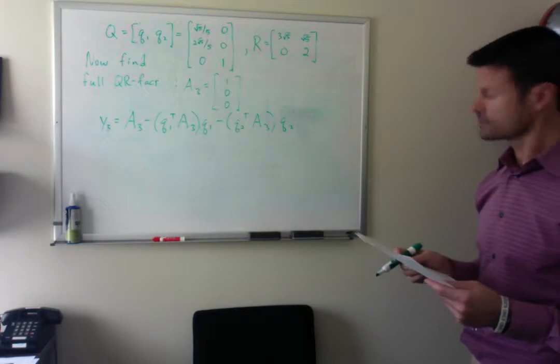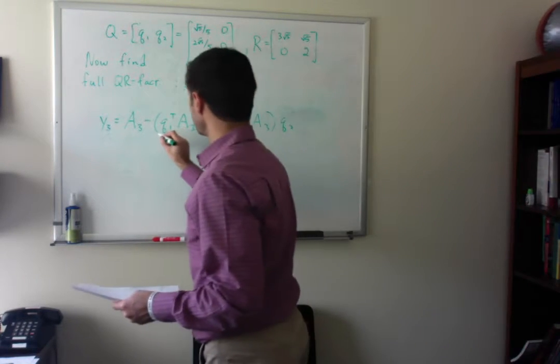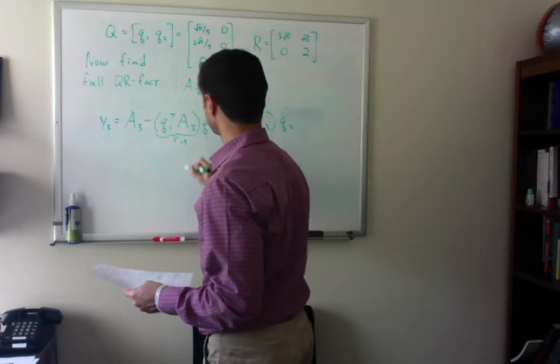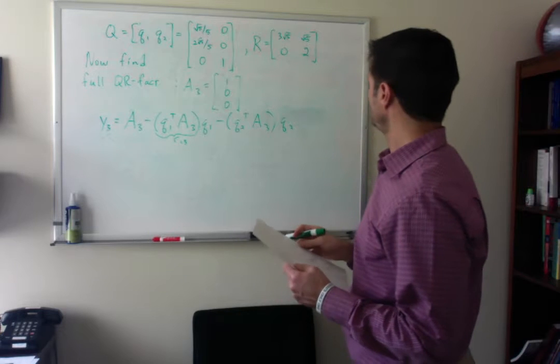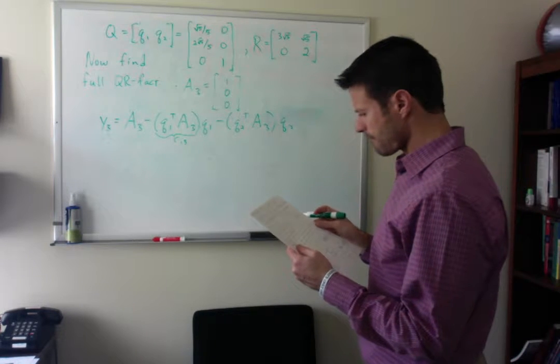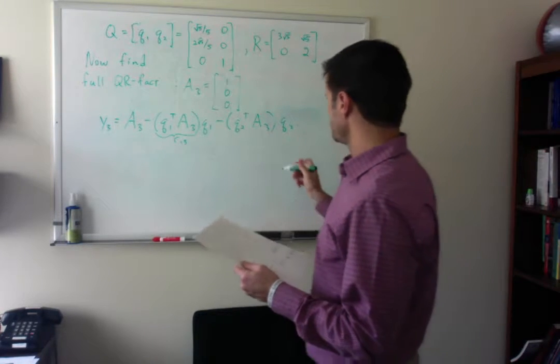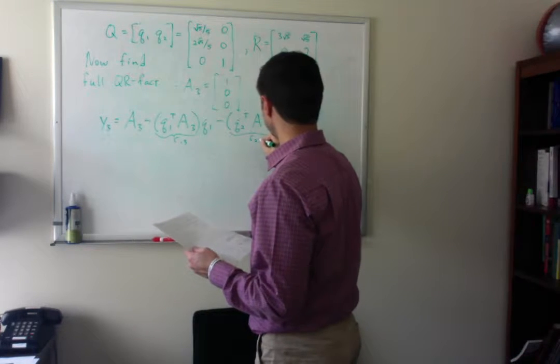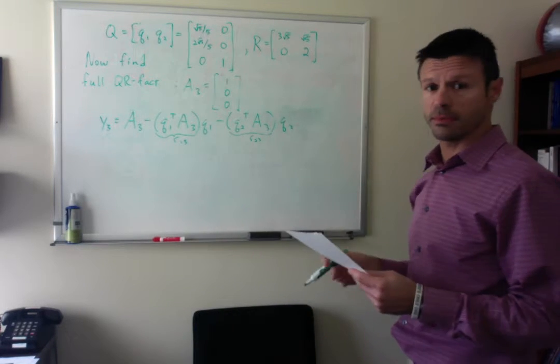Okay. And so these numbers here will be R13, and this will be R23, although these don't come into play at all as far as our matrix R.